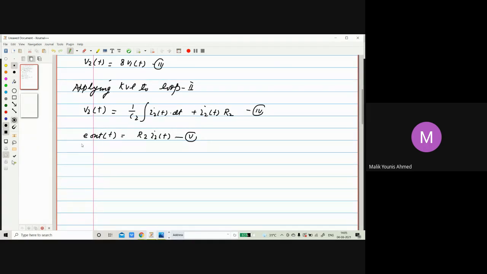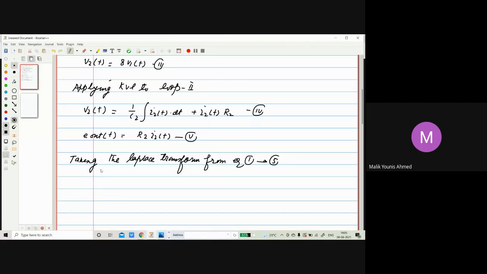Okay, now taking the Laplace transform of all the equations from 1 to 5.